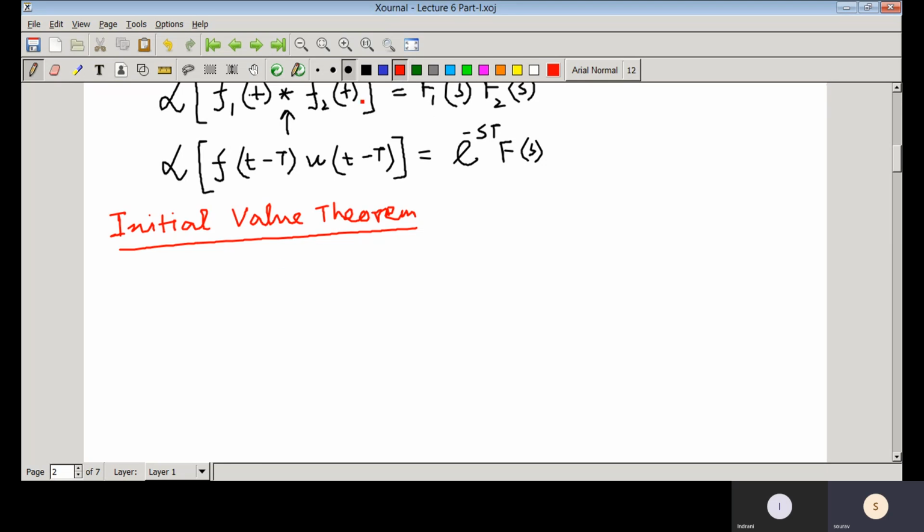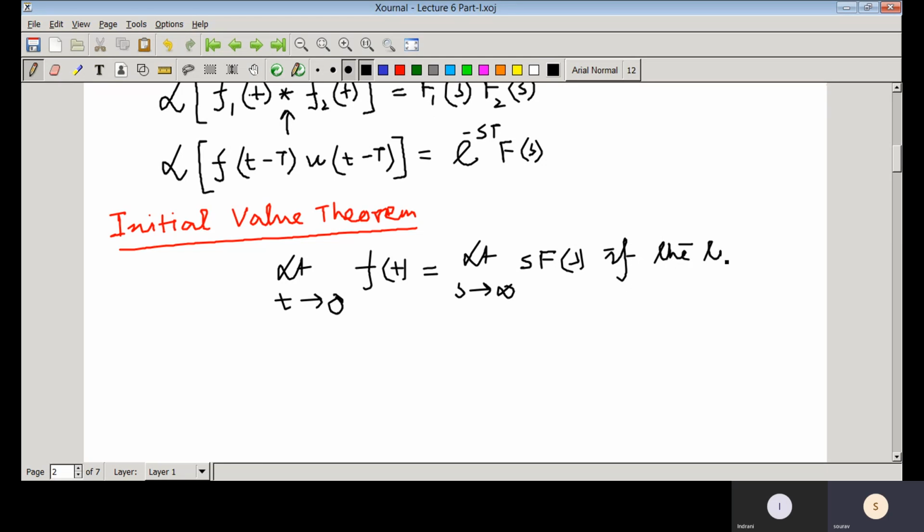So the initial value theorem states that limit t tends to 0 of f(t) is equal to limit s tends to infinity of s F(s), provided that the limit exists.